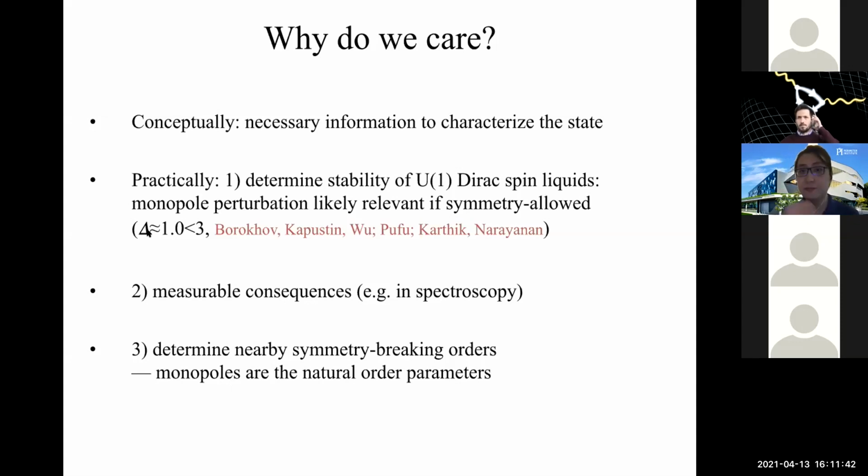If your microscopic symmetry allows this monopole as a perturbation, then your Dirac spin liquid is not going to be stable. And it comes with various measurable consequences. For example, the monopole symmetry property will have some non-trivial signature in neutron scattering spectroscopy. It also determines what nearby symmetry breaking orders you get if you drive the system to a symmetry breaking phase.